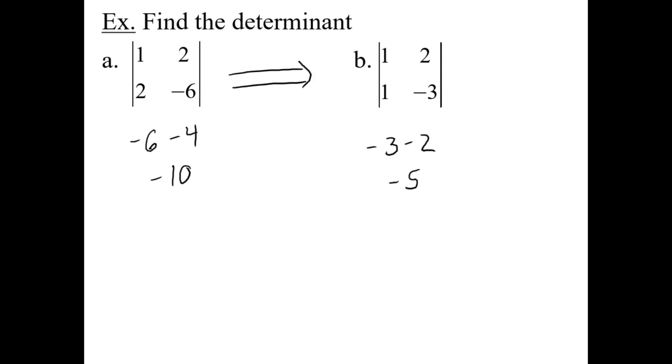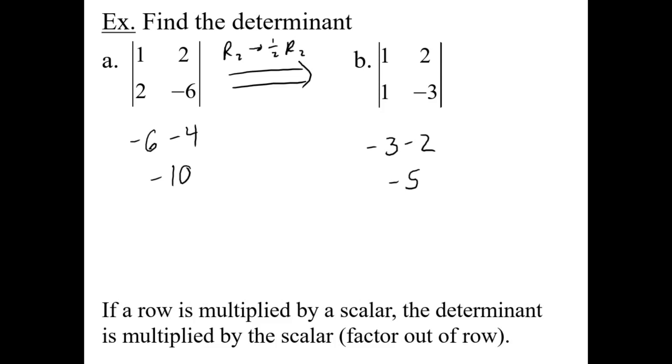As I go from the left to the right, notice that row 2 becomes half of row 2. We divide it by 2. And so notice that if I divide a row by 2, the result was that I divided the determinant by 2. So if a row is multiplied by a scalar, in this case the scalar was 1/2, then the determinant is also multiplied by that scalar.